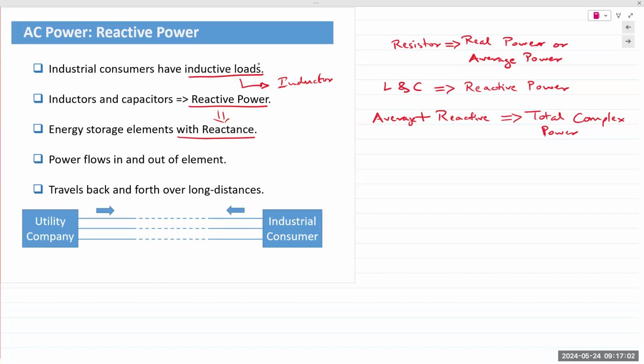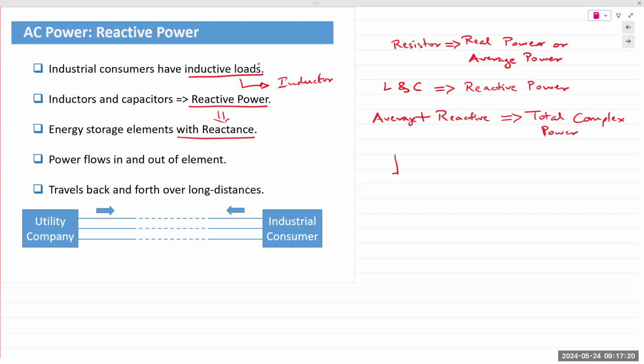So far, so good. Now, the reason why this is important is because energy storage devices, when you apply AC, the energy flows in and out of these devices constantly, goes back and forth.